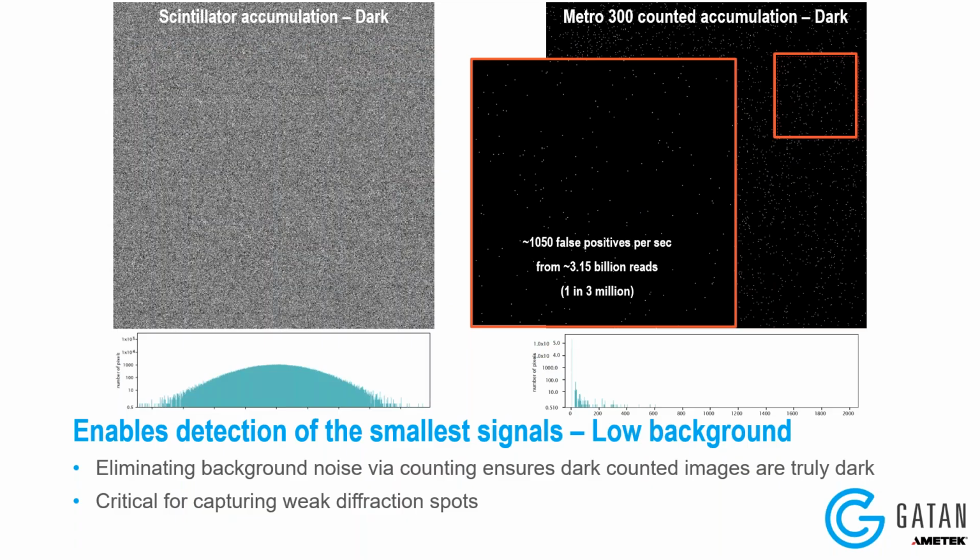Now, on the right-hand side, we have a dark image from the Metro camera, actually the Metro 300 camera here. And we see that the vast majority of pixels are black. And this means that they are exactly zero. They're adding exactly zero noise to the final pattern. And these dark images were 10 seconds long.